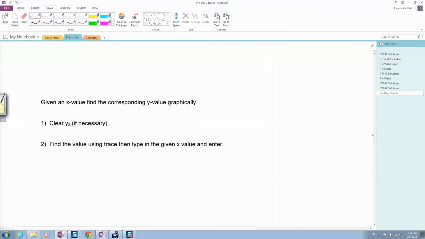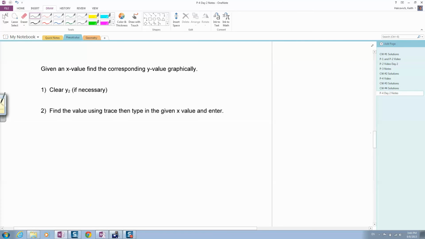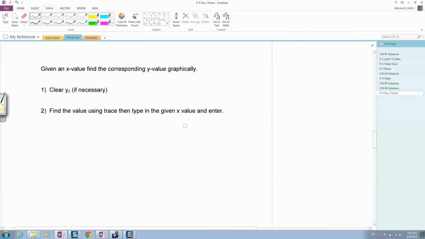The other process that you could do is you could be given the x value and you need to find the y value graphically. So if that's the case, then you need to go to y equals and clear y sub 2, sorry. So let's say you are given that x equals 20.